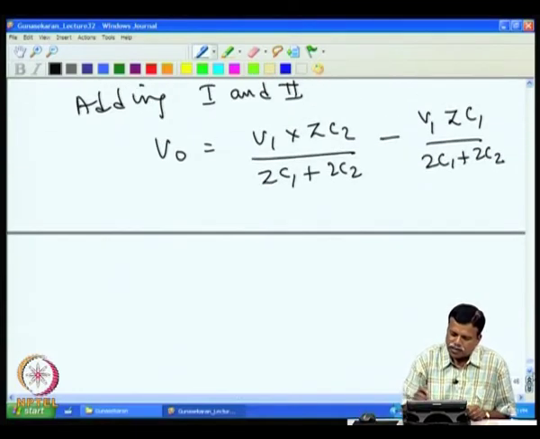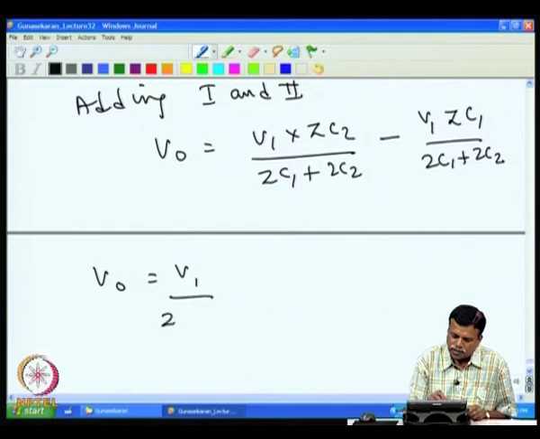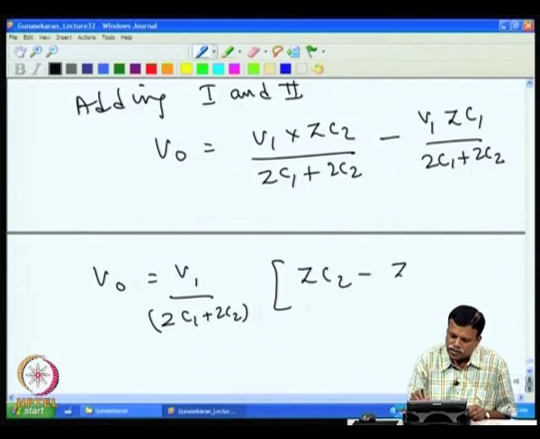Now, we can show like this, since it can be simplified, V0 can be shown as V1 divided by ZC1 plus ZC2, times ZC2 minus ZC1.